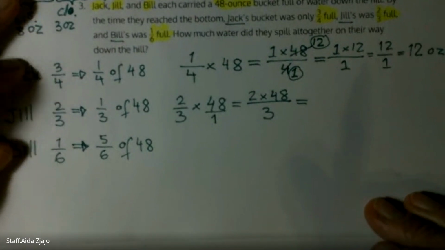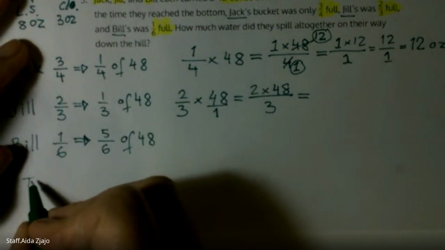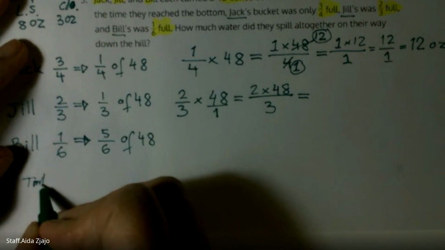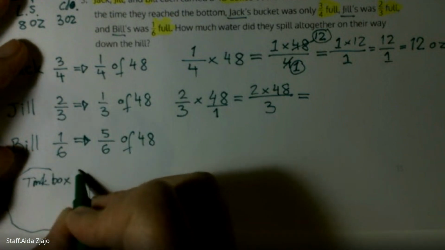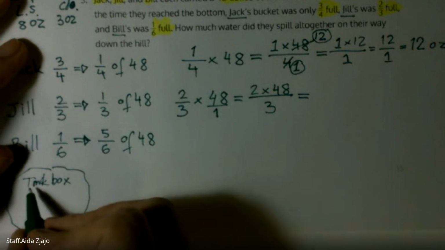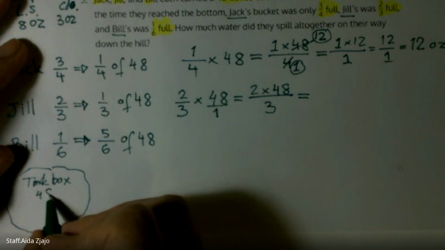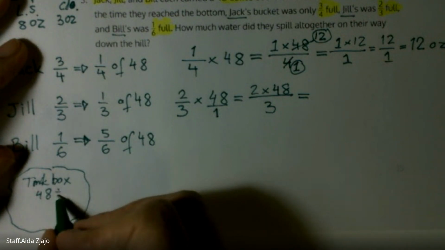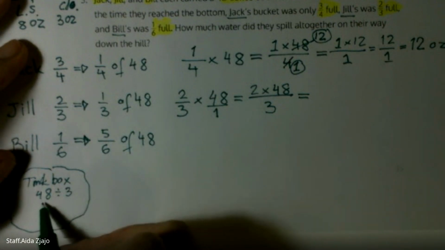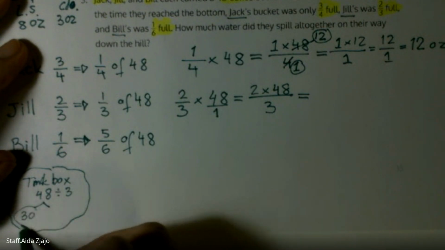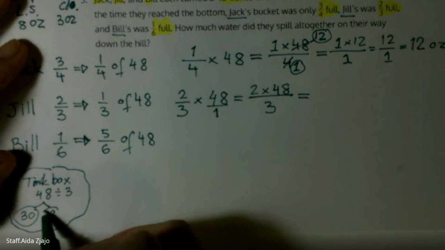If I use my think box, let's see, this is my think box. I can think of 48, but I need to now divide by 3, and I want to see if that's possible. So I can think about 48 being 30 and also 18.